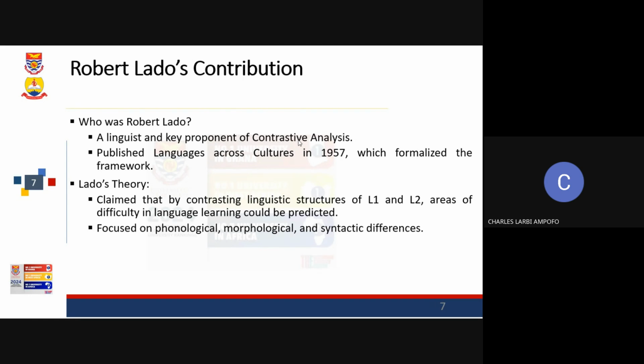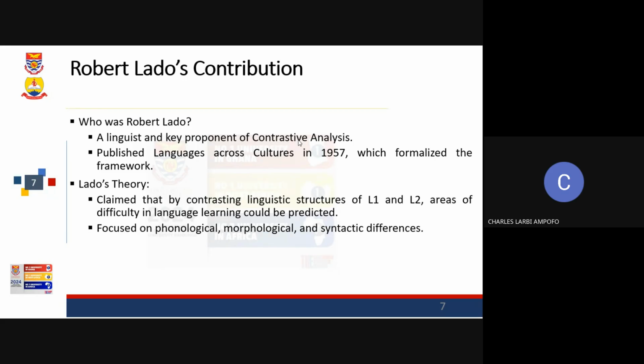So, for example, as we said, we all know that we don't have a homogeneous population in our classroom, that the students that we are teaching don't all come from the same linguistic background. They don't have the same L1.